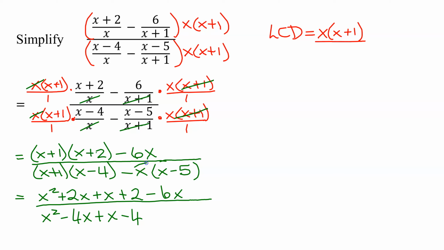Then I need to distribute in this negative x into the parentheses. So negative x times x is negative x squared. Negative x times negative 5 is plus 5x.